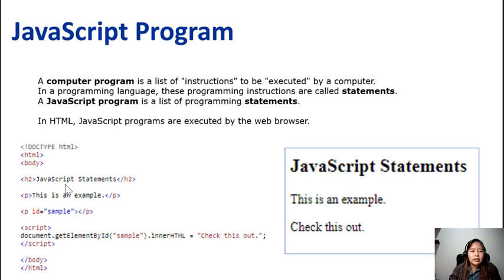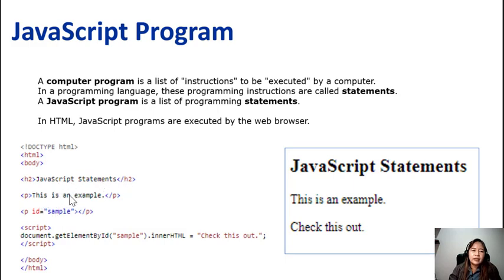So this one is another example. Again, the placeholder is called sample, and then here you will simply change or replace the value of your placeholder with ID as sample, change it with check this out. So as you can see here, it will display JavaScript statements.